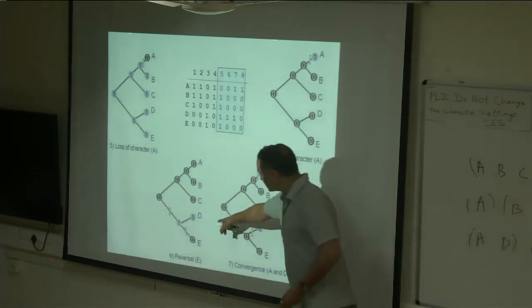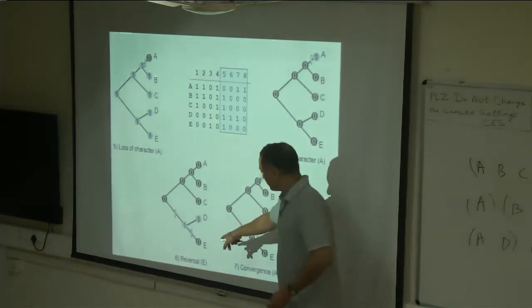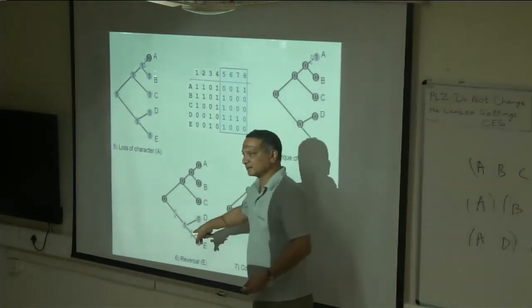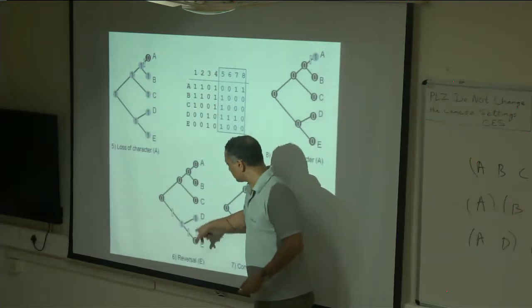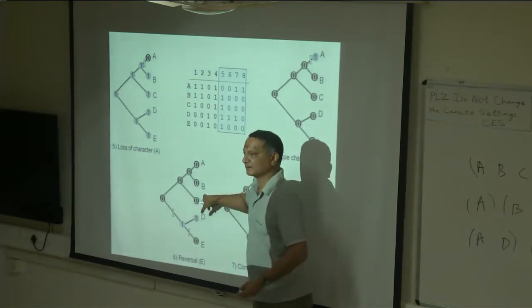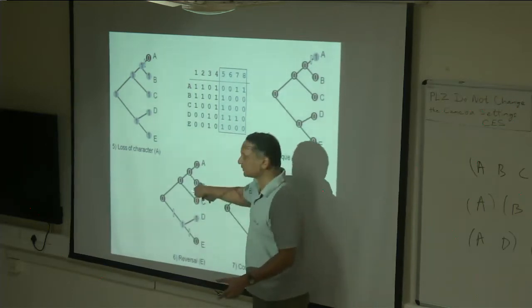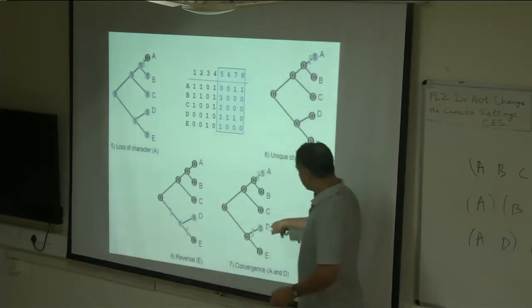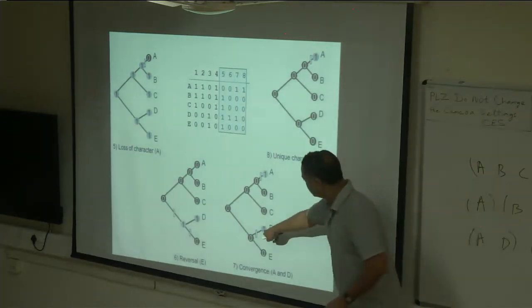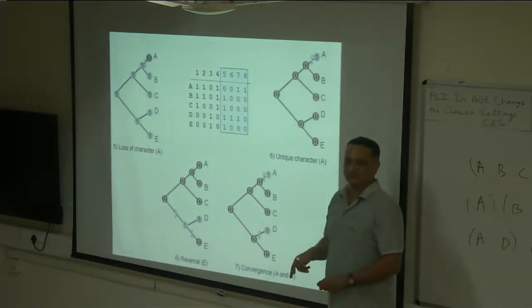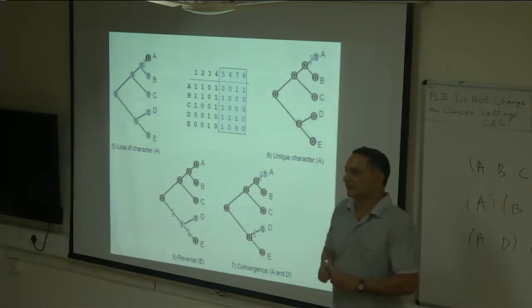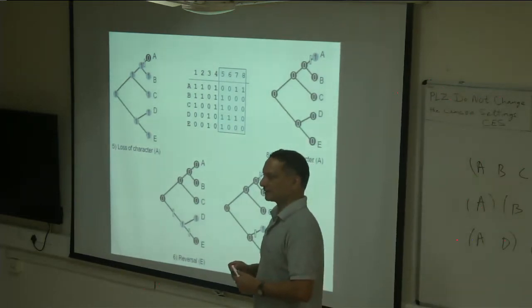If we had used this character, what the reversal has done is it has made E look more like ABC. So D would now separate out and E will join them. This here will put these two taxa together. So it's highly problematic, some of these characters.